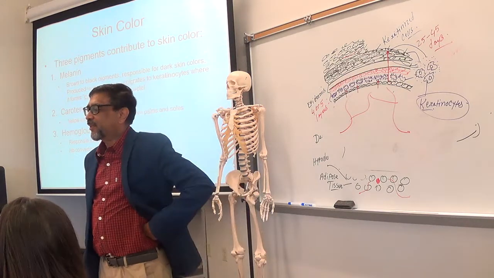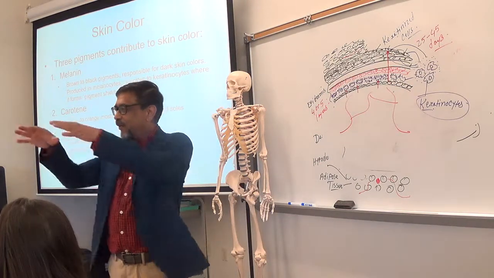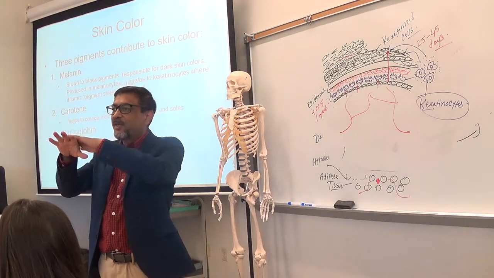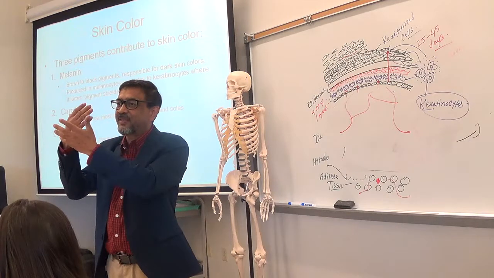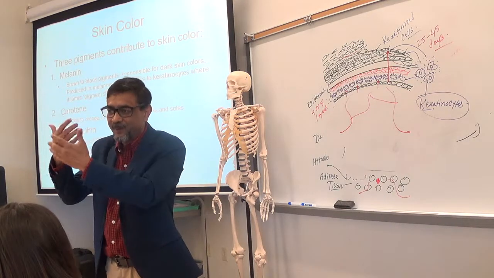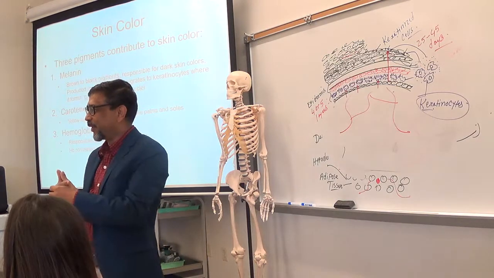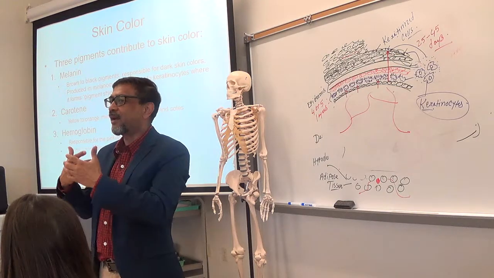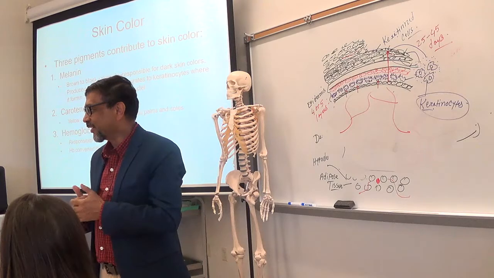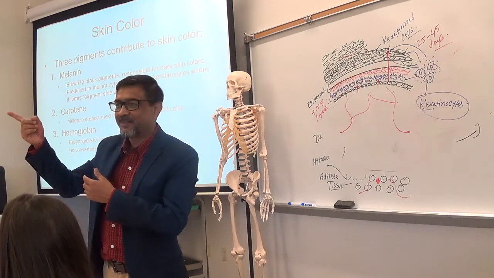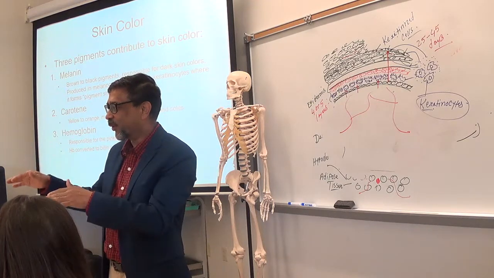Now you tell me, your skin has blood flow, right? Blood circulates in the skin. If someone has more hemoglobin in the blood, the skin color will be red, pink, right? And someone who has less hemoglobin in the blood, the color will be pale. Make sense? And by looking at the color of the skin, you can tell if someone has anemia, lack of hemoglobin.